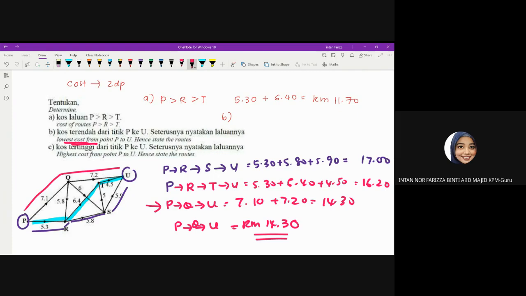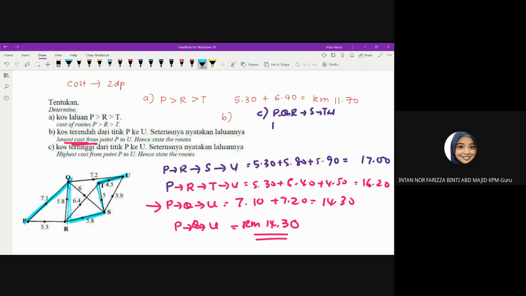So you have to list out one by one, girls, okay? I'm going to give you the options. You can try out later. Okay, so C for the options, P, Q, R with the arrow, S, T, U. Okay, next you can try, mana lagi? Let me erase this one so that you can see. Okay, so the first one just now was P, Q, R, S, T, U. So that's the first option, highest cost.